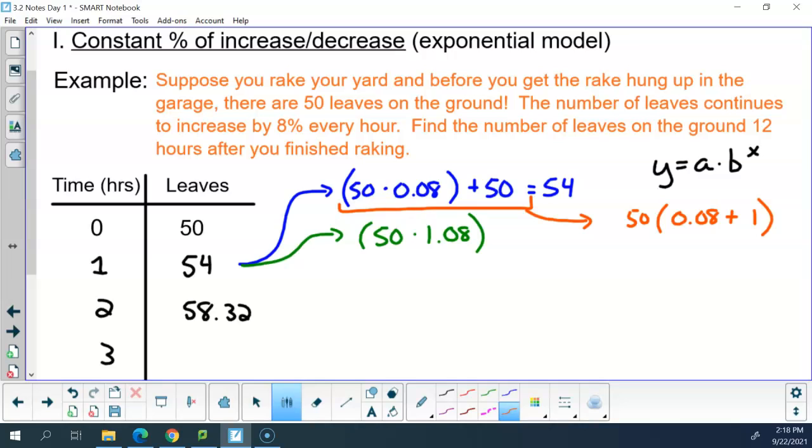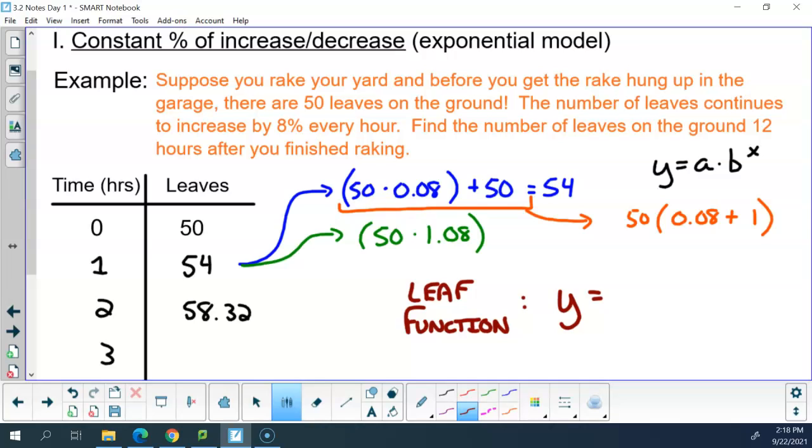based off of 3 data points that gives us, for any time x. So let's go, our leaf function. What's our A value going to be? 50.